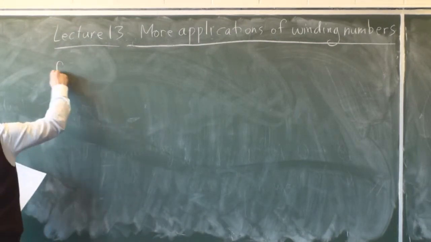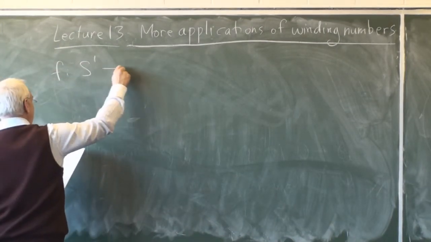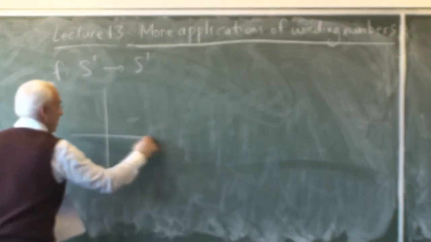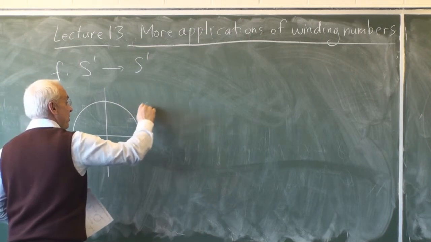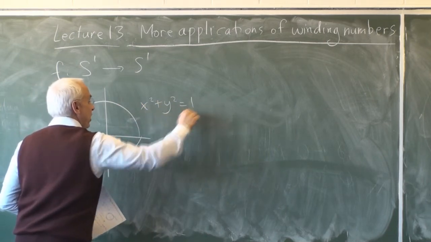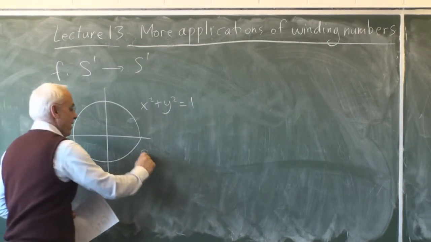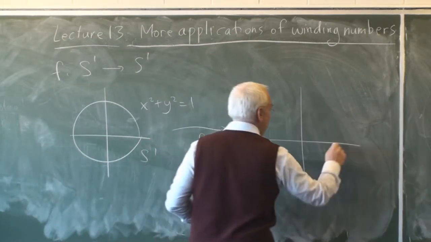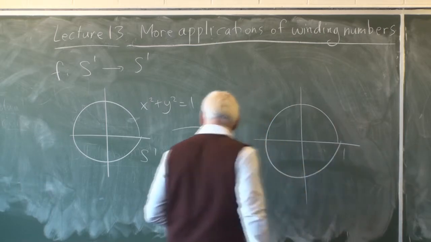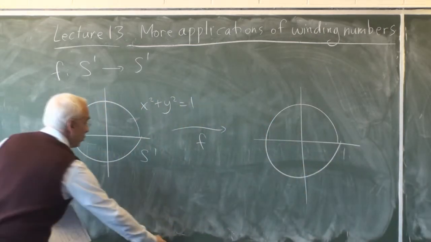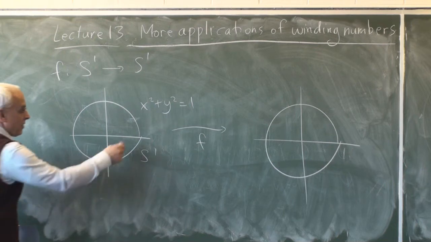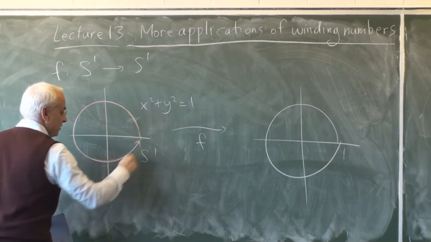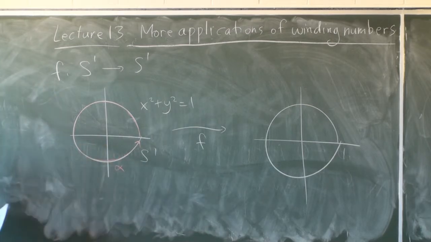All right, so we're going to start off with a function from the circle to the circle. And there's our picture. Our circle is just the usual circle in the plane, x squared plus y squared equals 1. And so we're mapping that to another copy of itself. And then what we do is we're looking at the boundary curve. Let's call it alpha, going all the way around.